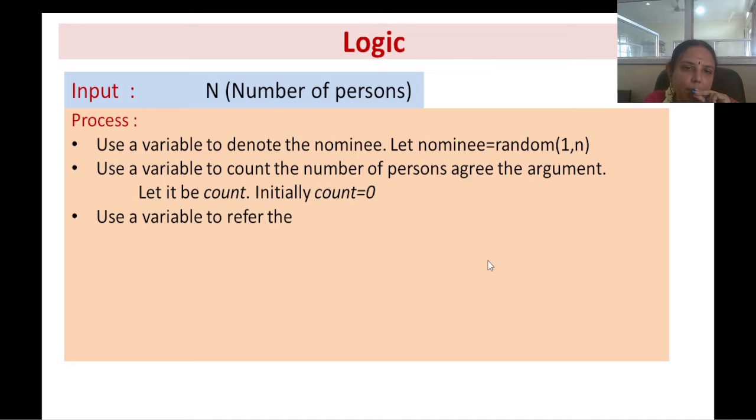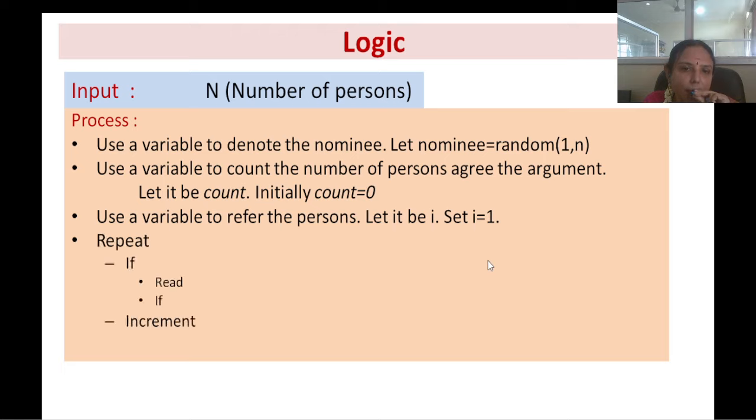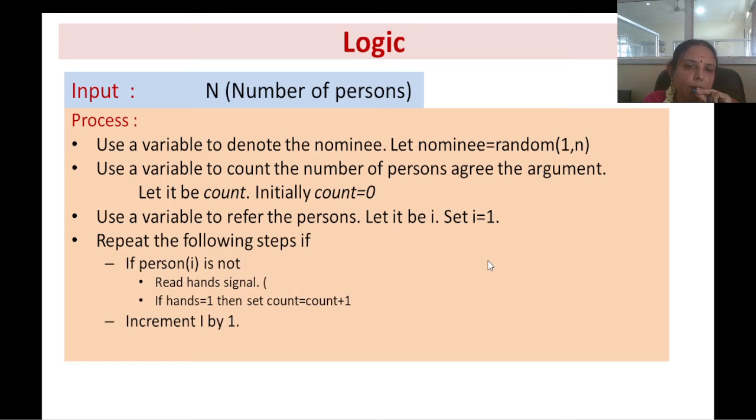Next, we use a variable to refer to the persons. Let it be I, where I is initialized to 1 because we initially start with person 1. Then we need to repeat the following steps while I is less than or equal to n. If the person is not the nominee, then you have to read the hand signal.